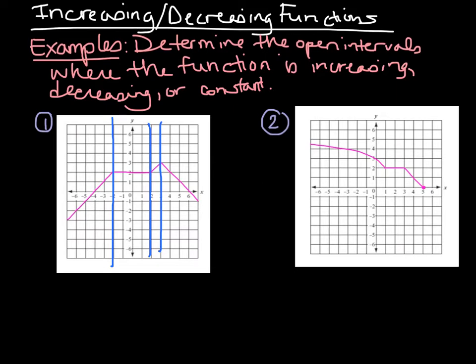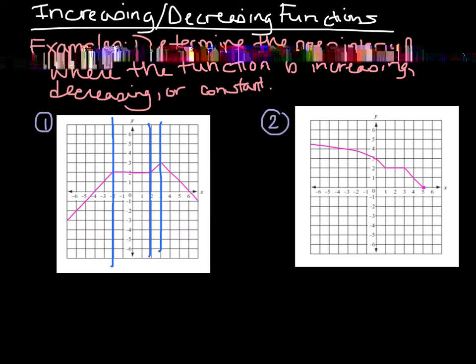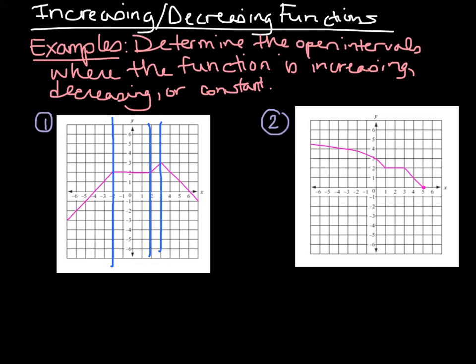Then it goes down. So I actually just divided my graph into 4 parts. Those are where our intervals are different. For example, my first part, from anything less than -2, is going to be what we call increasing.